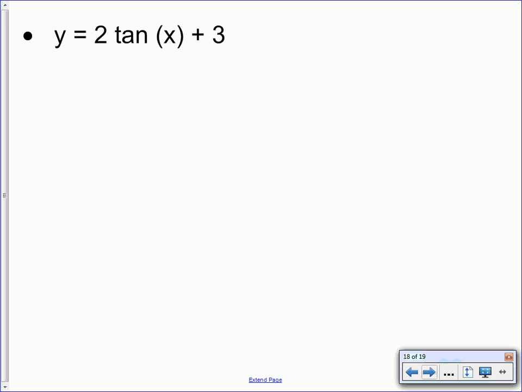We don't say that a tangent graph has amplitude, but we do need to identify A. What is A? 2.